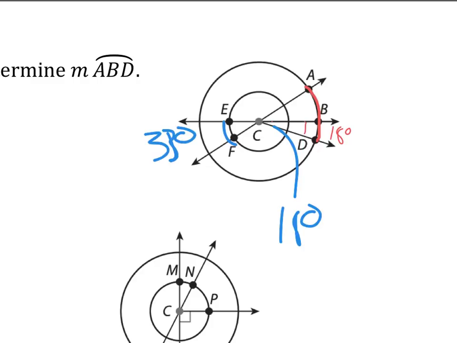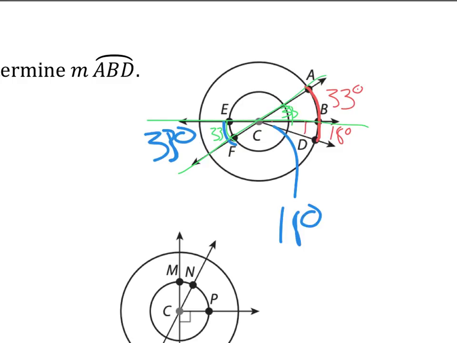Well, AB, as we look at it, is a vertical angle to EF. So if that arc is 33, this angle is 33, which means this angle is 33, which means then this arc out here is 33 as well.